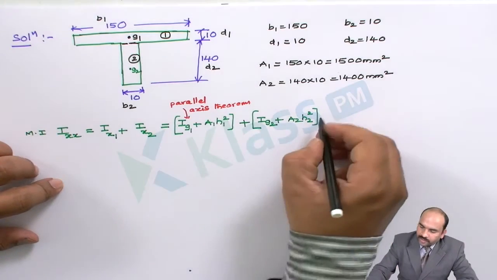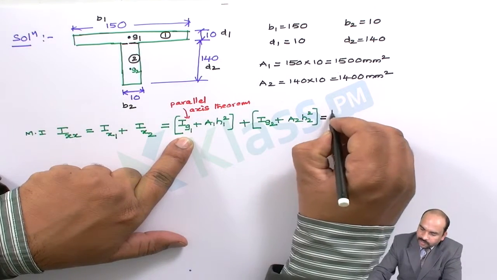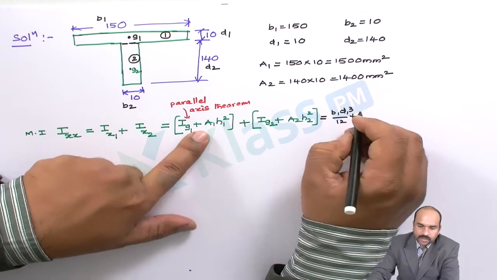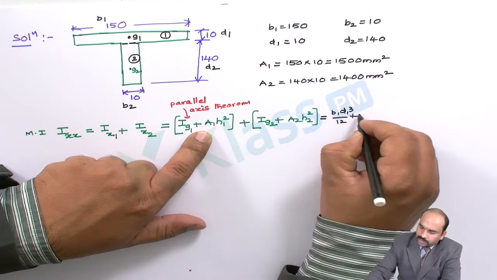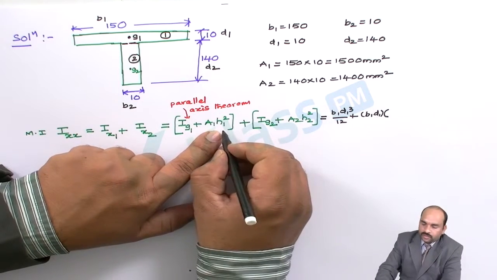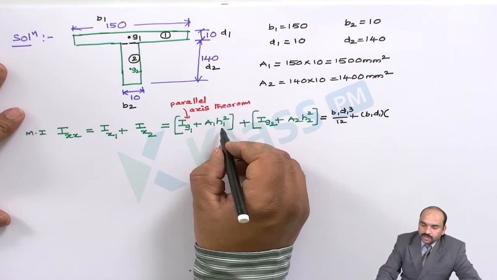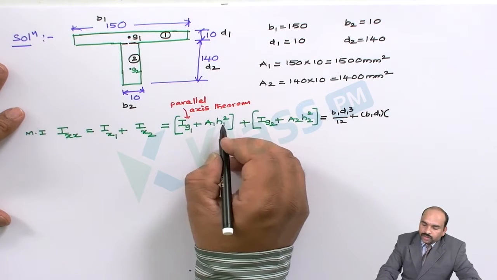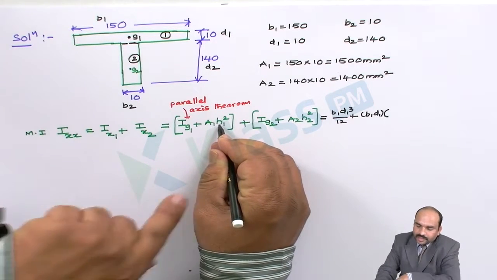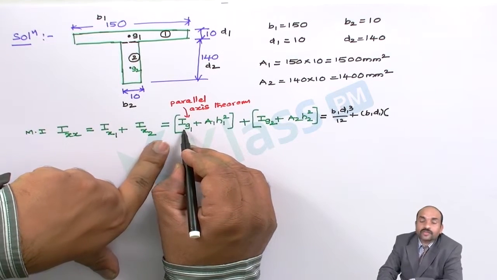Now this can be written as the moment of inertia about the centroidal x-axis, that is B1 D1 cube by 12, plus A1, which means B1 D1, into H1. H1 is the distance between the centroid of rectangle 1 and the centroid of the complete diagram.